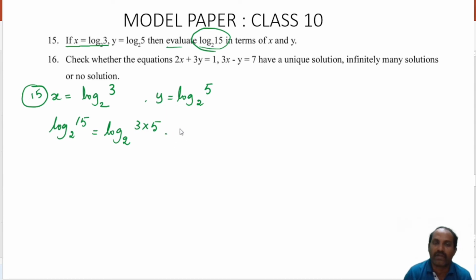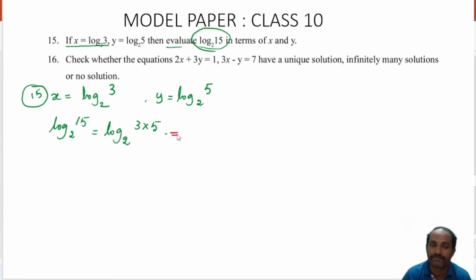And one formula is there in logarithms. I also explained the log problems there. I will give the link in the description. Go there and check the log problems first from chapter 1.